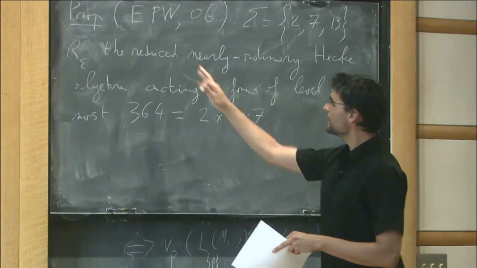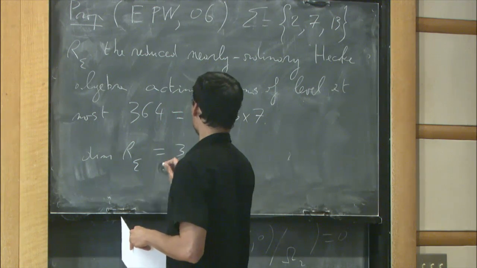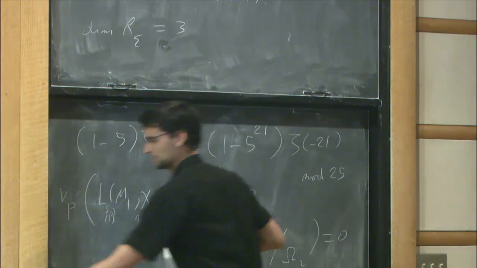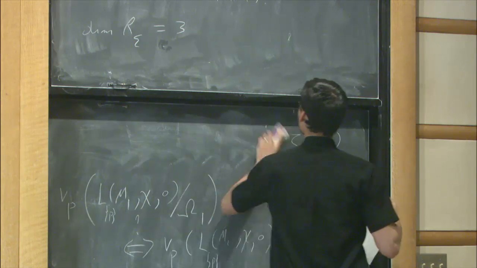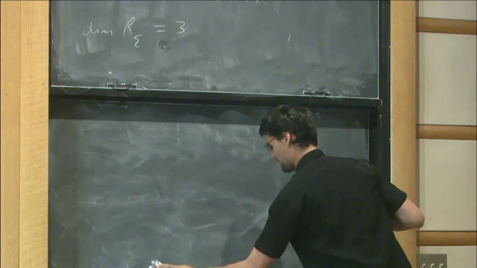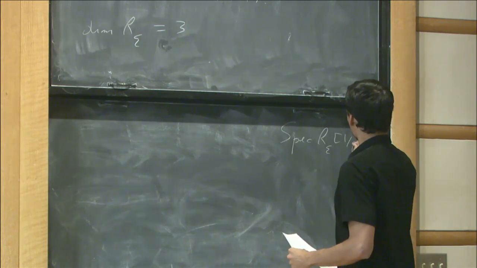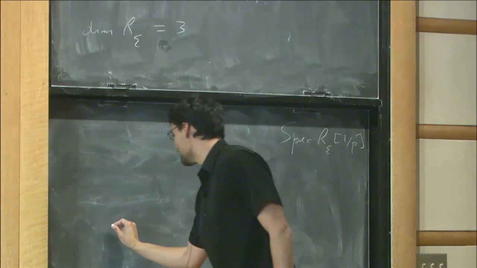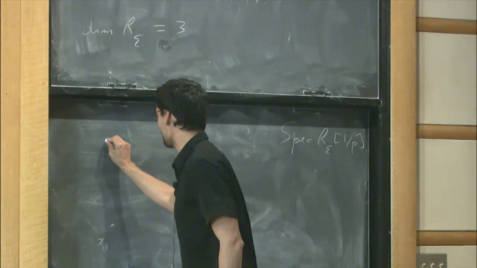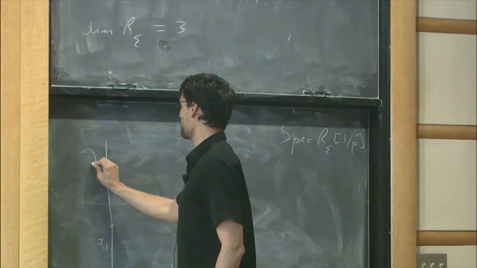OK, so let me tell you that the Krull dimension of this ring is 3. And I'm going to draw the spectrum of this ring with P inverted. So because P is inverted, now I'm in dimension 2, relative dimension 2 if you want. But one of these dimensions is accounted for by the cyclotomic deformation. So if you have a point, say x1, then there is a cyclotomic deformation, which I will represent by a vertical line, and that's one dimension.